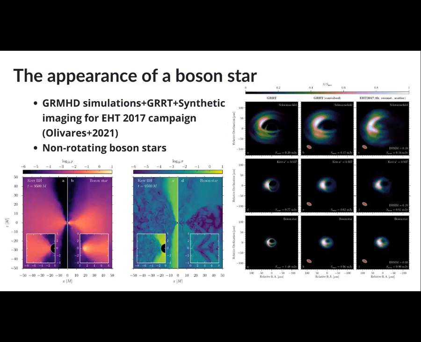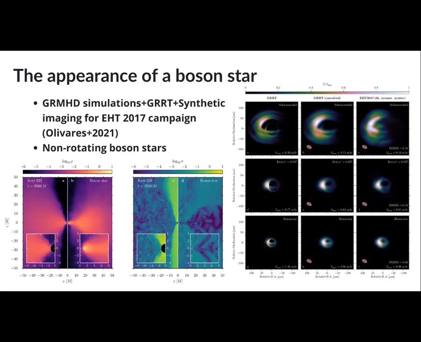This is what we did in this paper that was published in 2021. Here you can see images of black holes in the top row. This is a Schwarzschild black hole, a Kerr black hole, and these are images for a boson star. Something very surprising and unexpected is that, contrary to our expectations that when the matter was free to explore all the potential it would concentrate in the center, instead it forms an image that is qualitatively very similar in structure to that of a black hole.